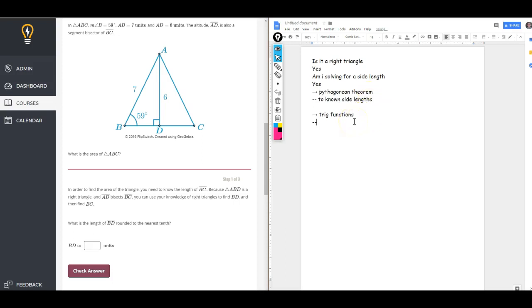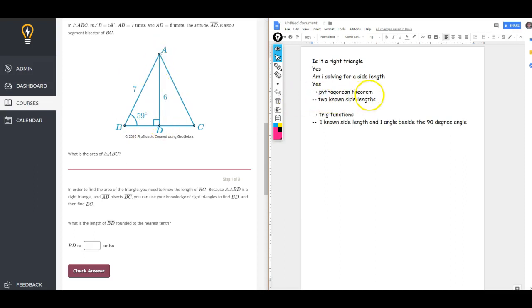For the trig functions, we have to have one known side length and one angle besides the 90-degree angle. So if we look at this, triangle BDA, notice I have the side length of AB, which is 7, and the side length of AD, which is 6.